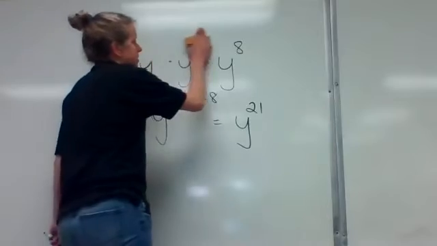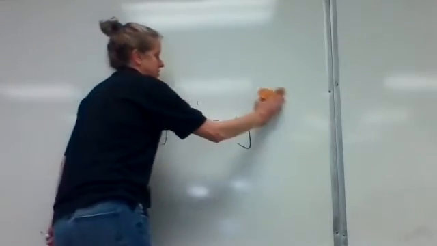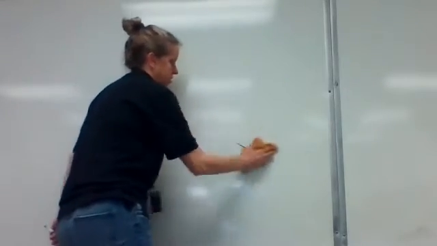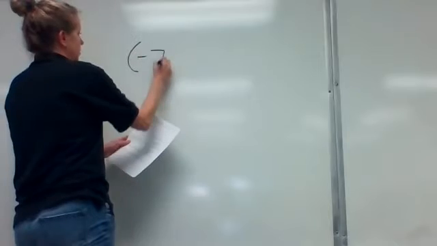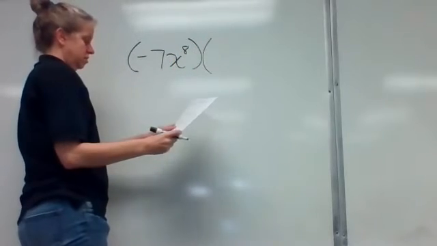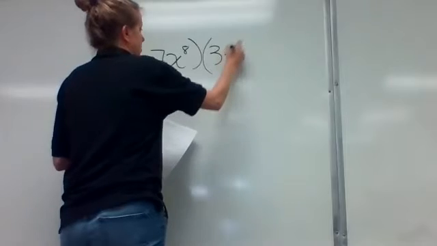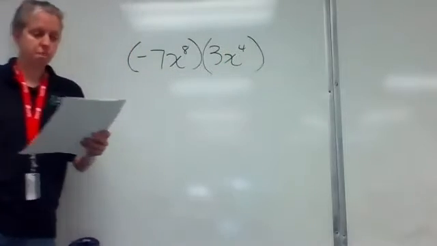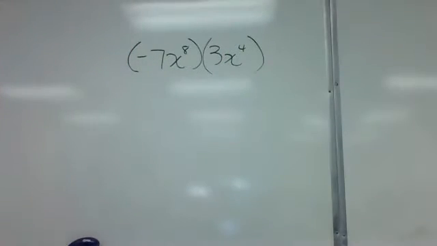Right, number 3. All right, I've got negative 7x to the 8th times 3x to the 4th.